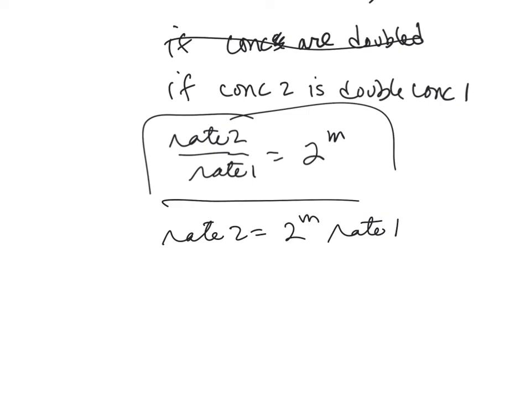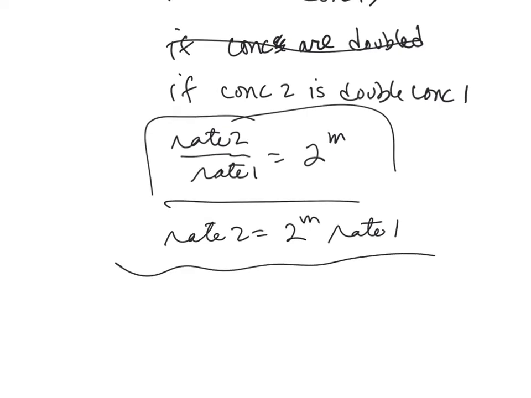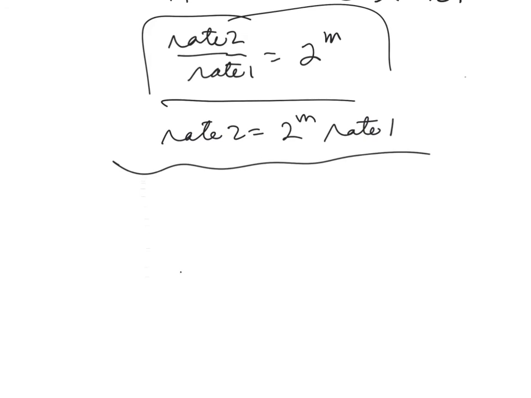So you can plug your numbers in there. If m is equal to 1, then we're going to get that the rate doubles.